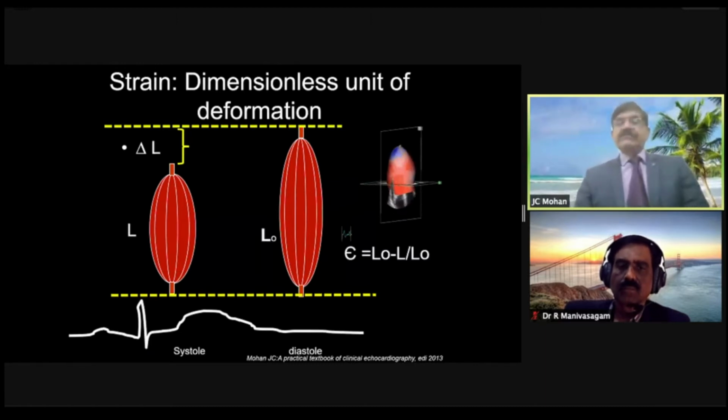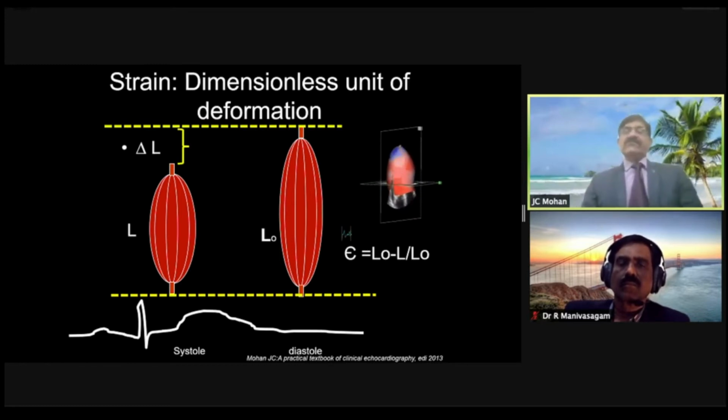So let us talk about longitudinal strain. A deformation produced in the longitudinal direction of the heart, not of the cardiomyocyte, but of the heart, is called longitudinal strain or longitudinal deformation. This cartoon shows the length of the left ventricle, and a cardiomyocyte, which from systole to diastole lengthens.